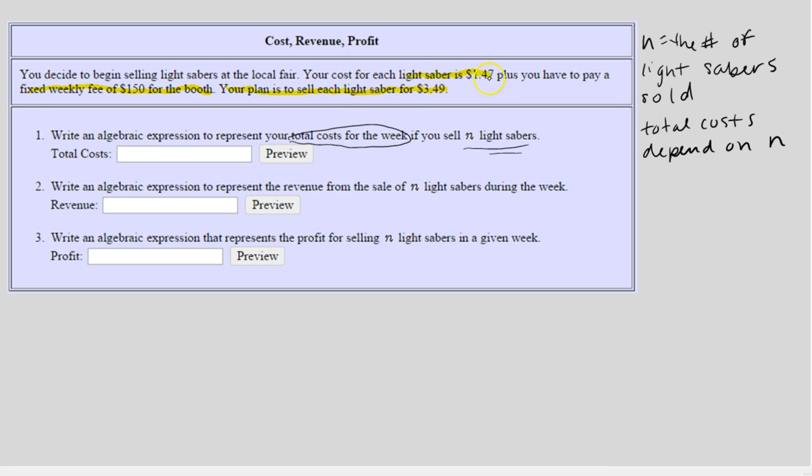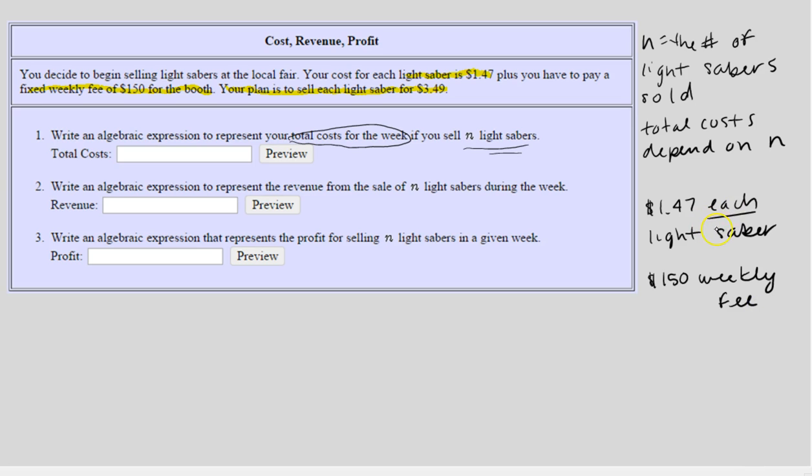Well, it's $1.47 for each lightsaber, and a fixed weekly fee of $150. So notice these 2 amounts.